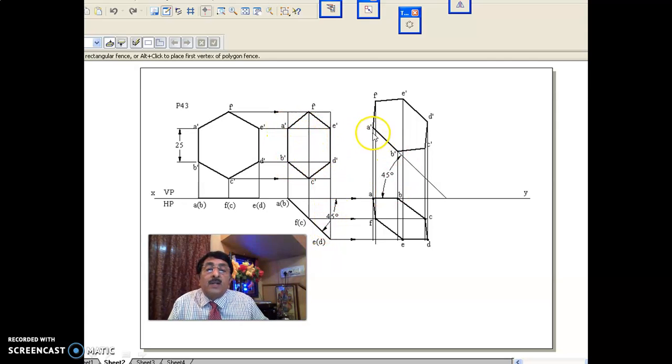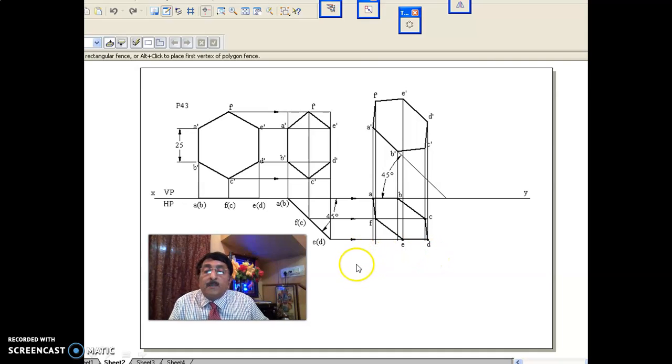Now what I have done is, keeping the inclination constant, I have rotated this in such a way that the edge in VP is inclined at 45 degrees to HP. In this complex position, when you look from the top, how it appears in the top view has been done. This is the top view and front view for this complex position.